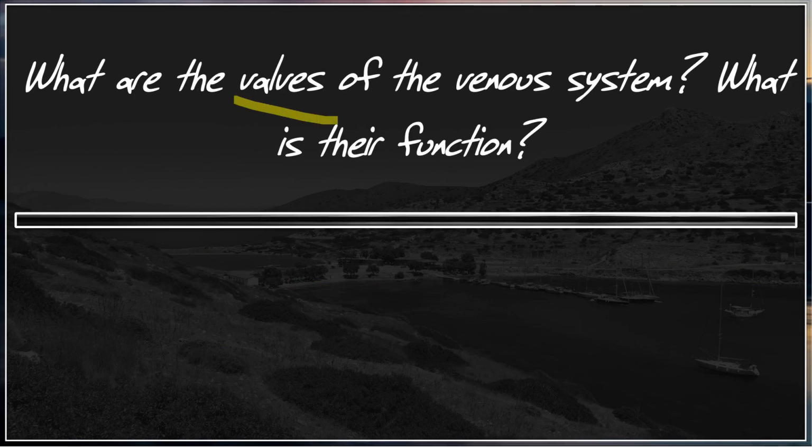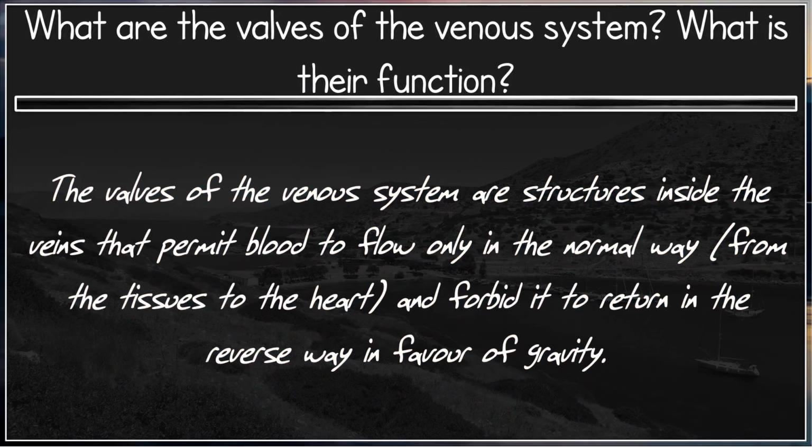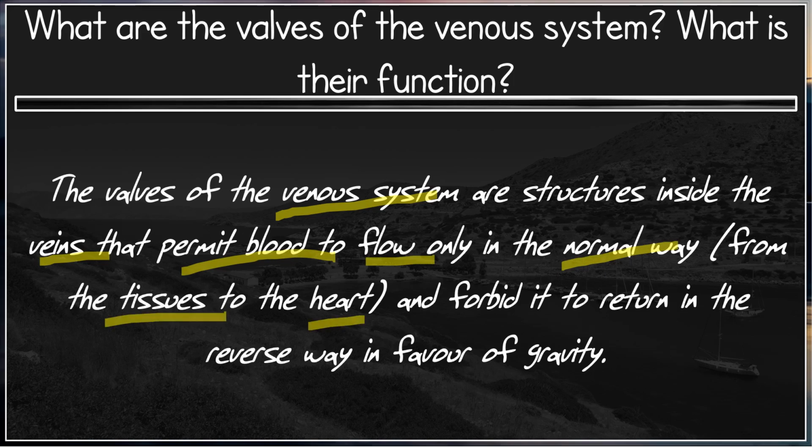What are the valves of the venous system? What is their function? The valves of the venous system are structures inside the vein that permit blood to flow only in the normal way, from the tissue to the heart, and forbid it to return in the reverse way in favor of gravity.